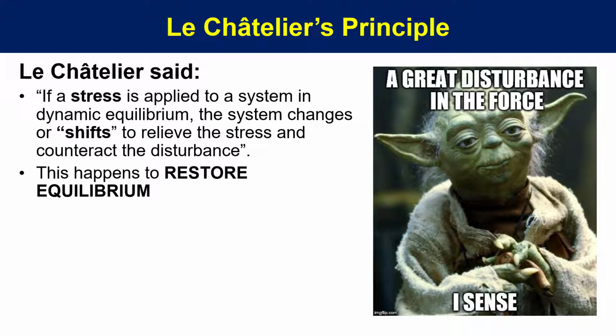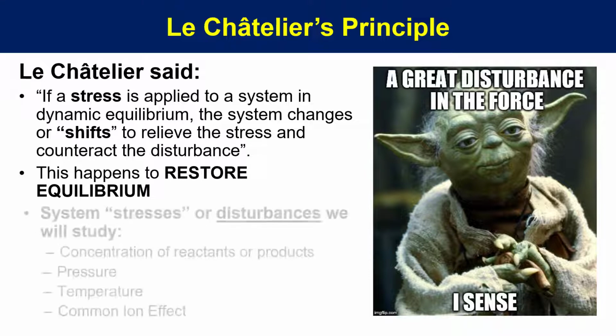He studied reactions at equilibrium and found that if a stress is applied to a system that is in a state of dynamic equilibrium, the system will change or shift to relieve the stress and counteract the disturbance. This is all done in an effort to restore equilibrium.